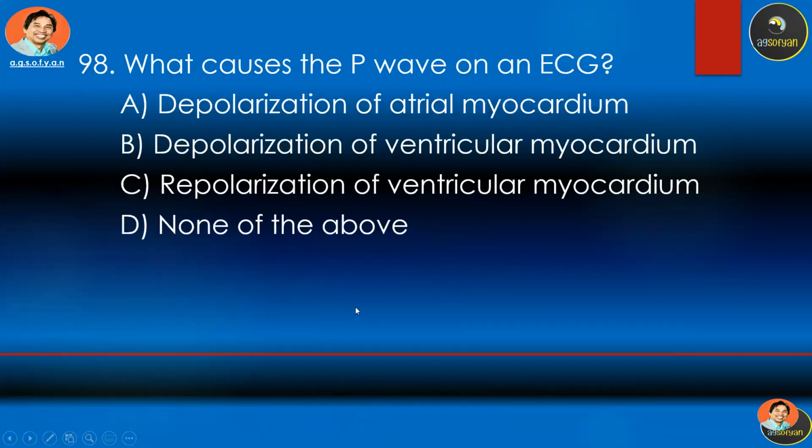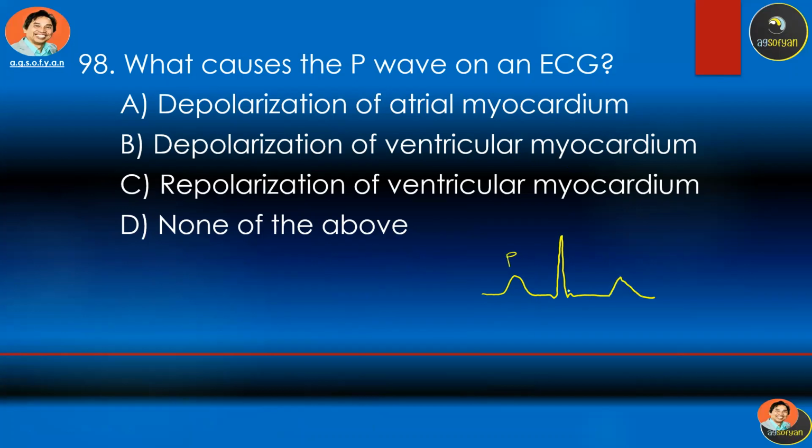What causes the P wave on an EKG, electrocardiograph? A, B, C, or D? Okay, when you see the EKG graph, it's going to look like this: flat, and then a peak of P, and then QRS, and then T wave.